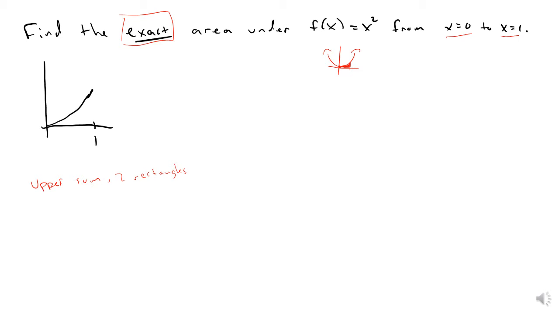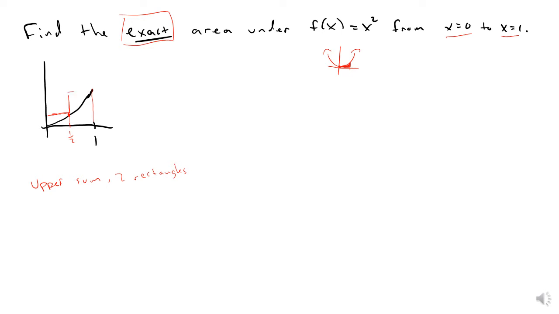If I'm using an upper sum with two rectangles, I need two subintervals here, from 0 to 1/2, and then 1/2 to 1. If I'm doing the upper sum, then over each interval, I'm going to pick the high point on that interval. So I'd come here, and there's my first rectangle, and then come here, there's my second rectangle.